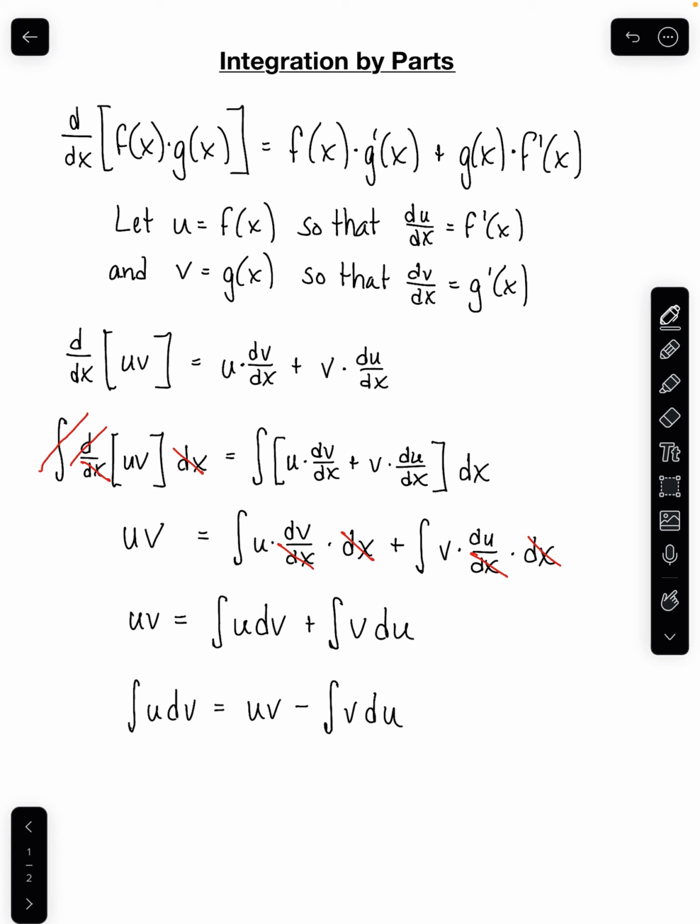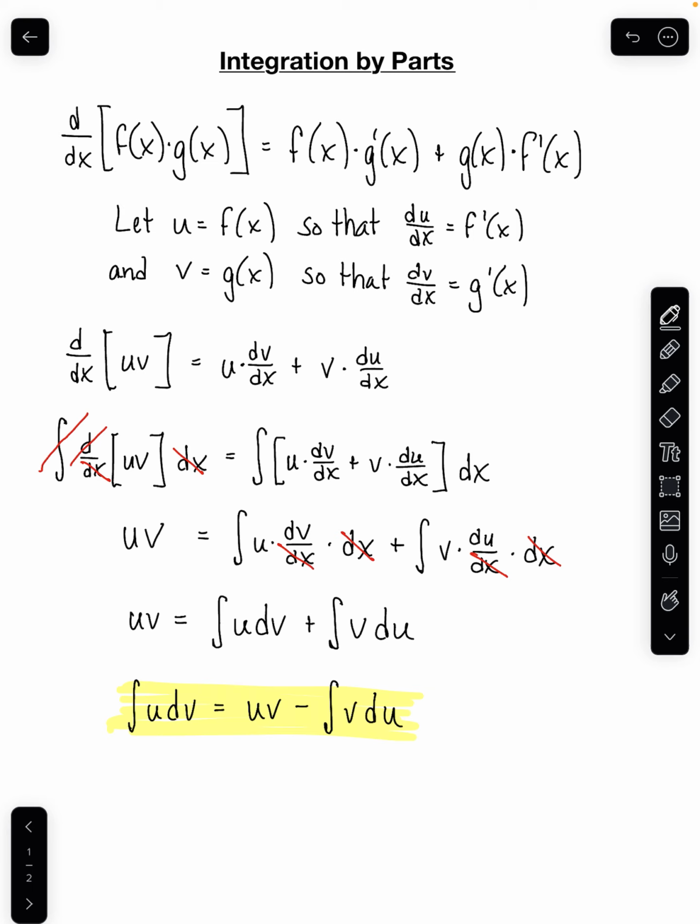This is the integration by parts formula. It is meant to take an integral of the form u times dv. It is meant to take an integral of a product and produce an equivalent form on the right side.